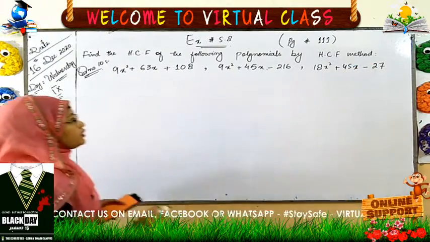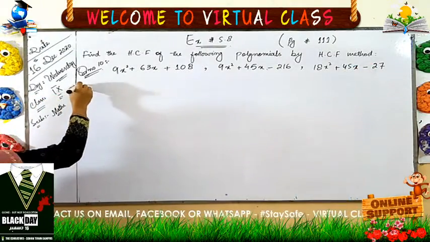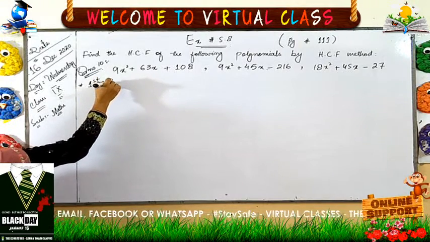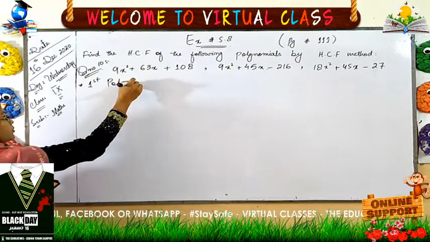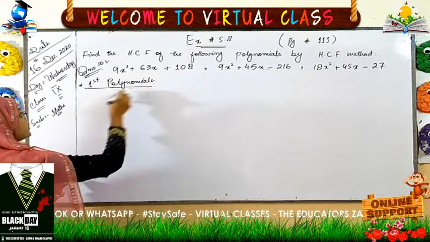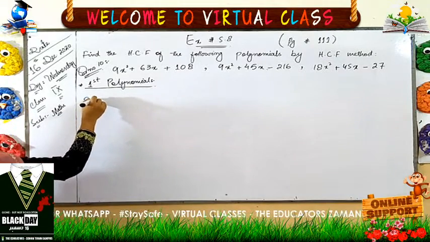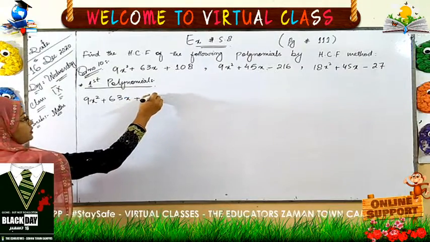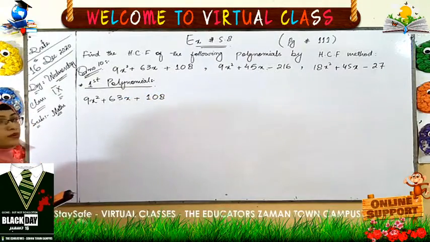These three are the polynomial expressions. We will do one by one. First polynomial which is 9x square plus 63x plus 108, okay.